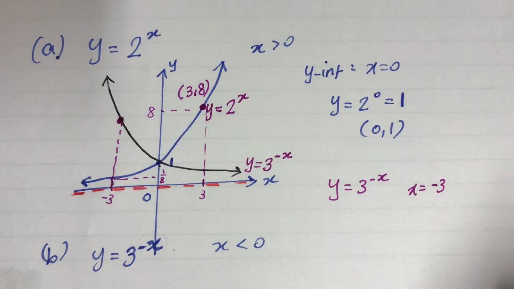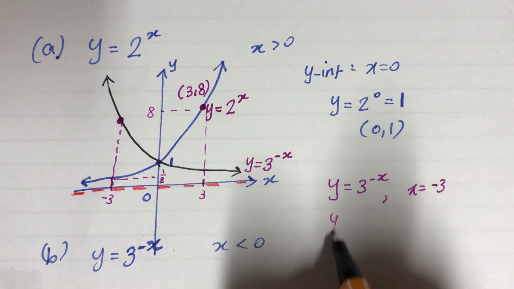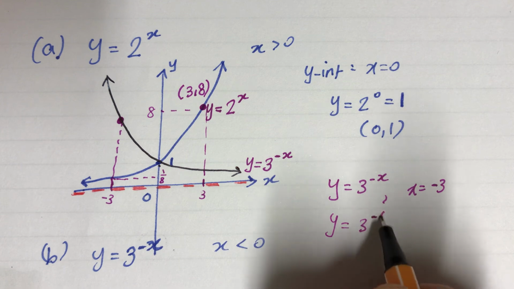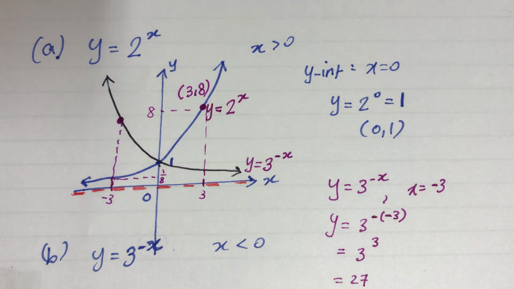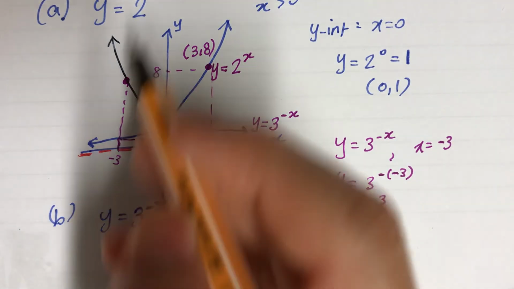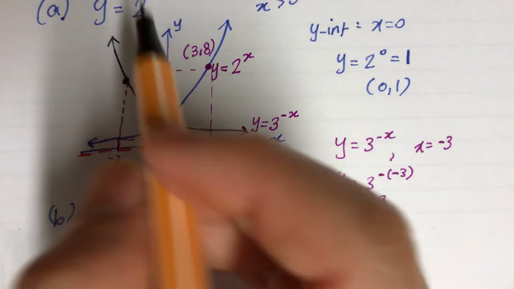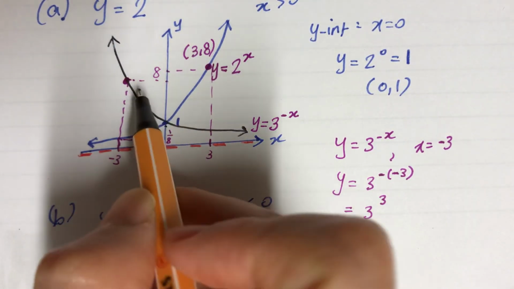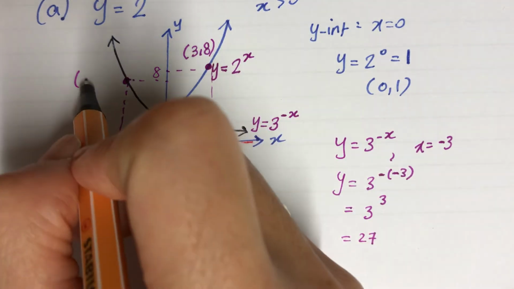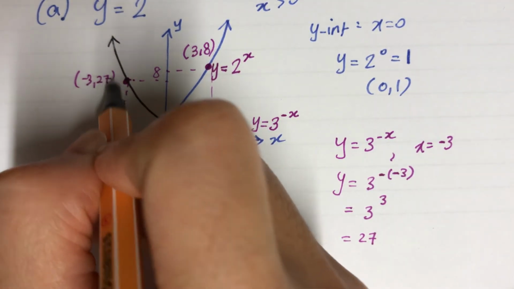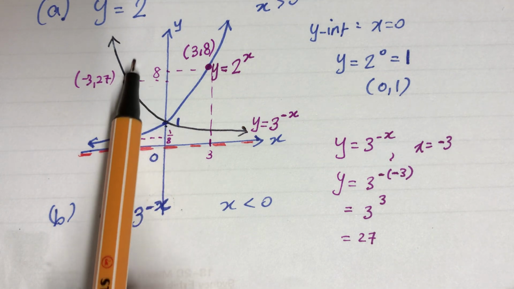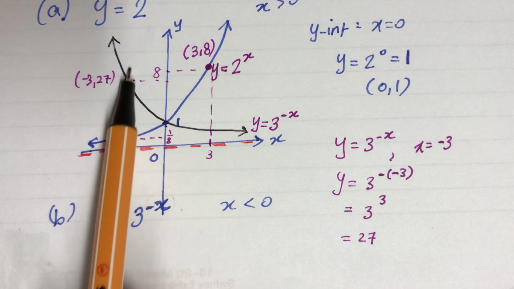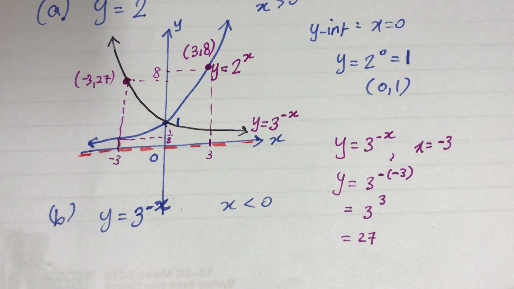So I'll go y equals 3 to the power of 3, which will be 27, wouldn't it? So when it's minus 3, oh, it's not very well scaled, so this should be 27, something like that. So my scale is way off, but it should be going right up. Okay, so that would be good.